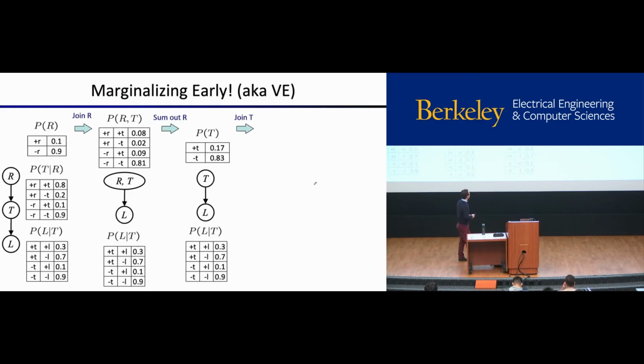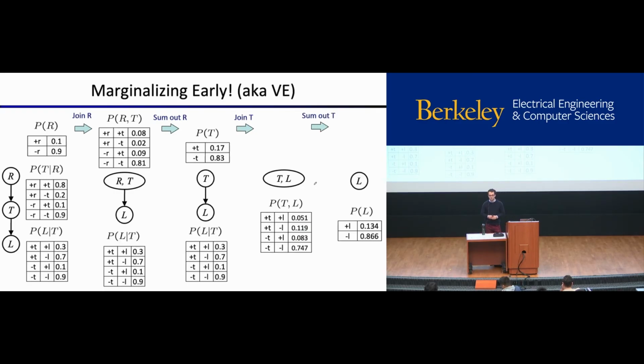So when I do that, my table down here is not going to get larger. It's just that the numbers are going to be multiplied by these things. So now I have T and L, and I don't have to have a 3-dimensional table anymore. The RTL is gone. So just T and L. And then we can sum out T, and we get this distribution over L.